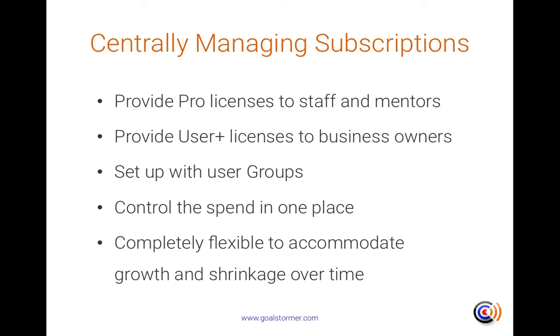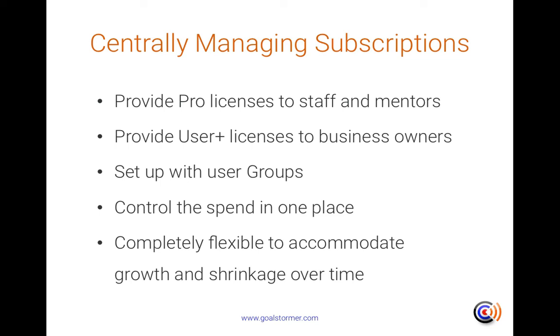And the idea behind GoalStormer license agreements is that they're very flexible. So if, for example, you have 10 people for 6 months, and your team doubles in size to 20, you can actually grow the number of licenses and reduce the time, so 20 licenses over 3 months. Conversely, if you start out with your 10 people who are licensed for 6 months and your team shrinks to 5, you can then take that same license agreement, make it for 5 licenses, but stretch it out to 12 months.